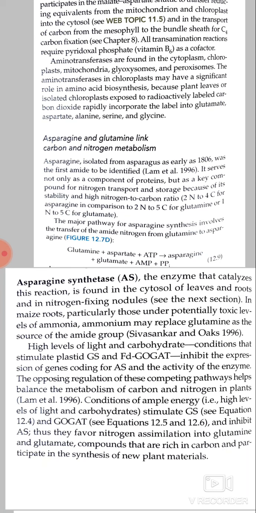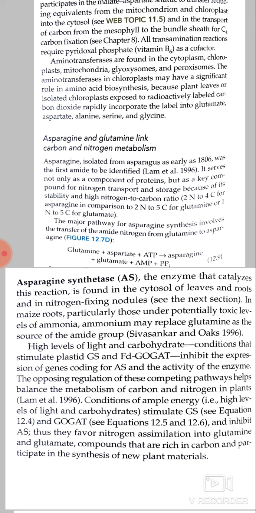High levels of light and carbohydrate, conditions that stimulate plastid GS and ferredoxin GOGAT, inhibit the expression of genes coding for asparagine synthetase and the activity of the enzyme.